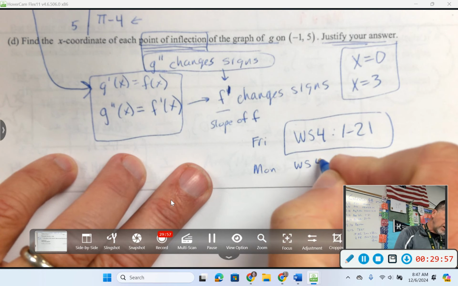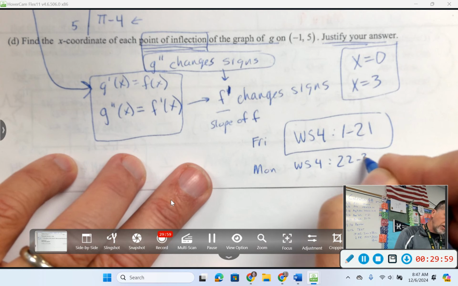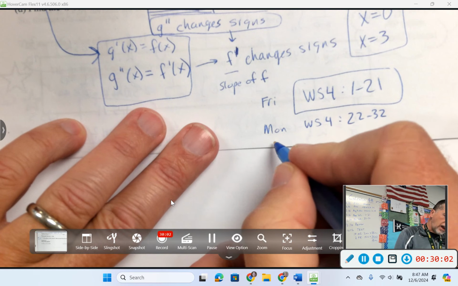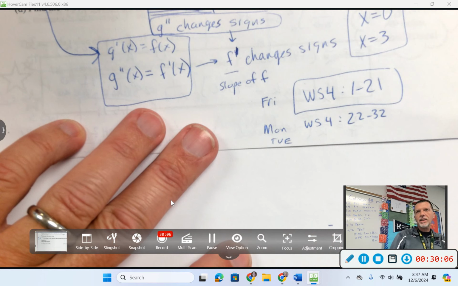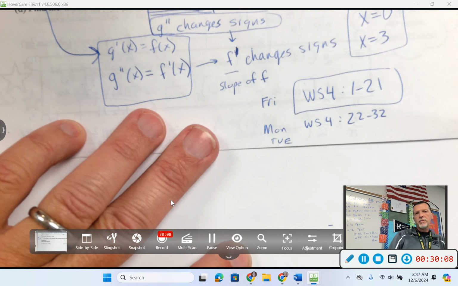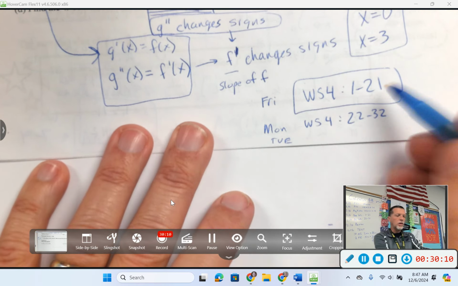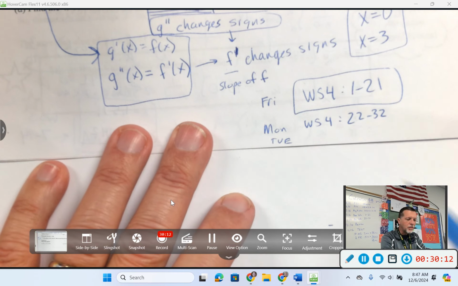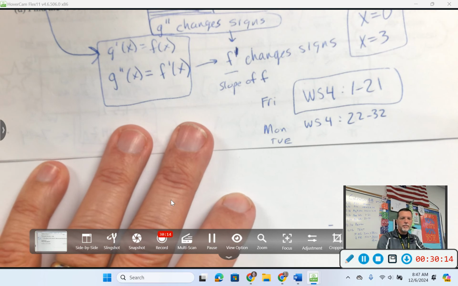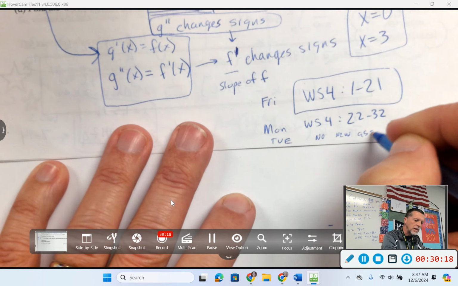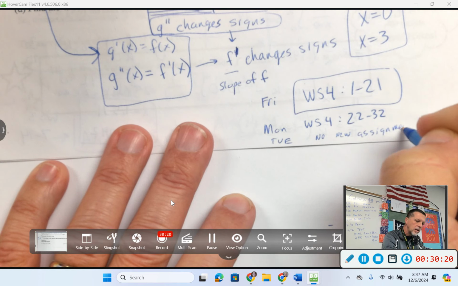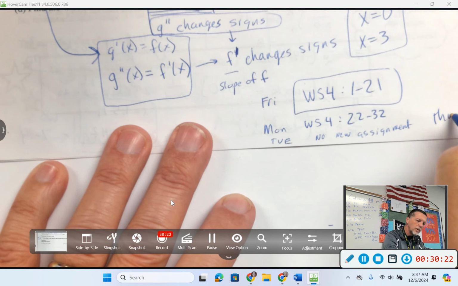Monday's assignment is worksheet 4, the rest of them. And then Tuesday there won't be an assignment. I'll just work problems in class. So you can sort of start to plan ahead and think, when is best for you to do that last worksheet. Tuesday, no new assignment. So that's kind of the plan moving forward, and obviously Thursday is the test.